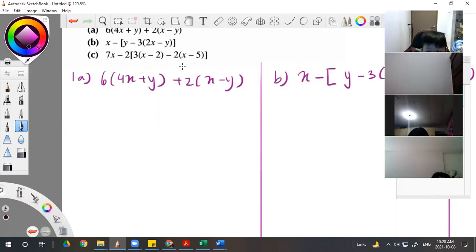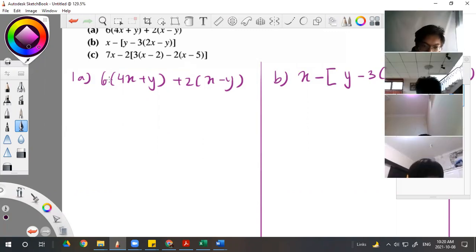Look at the rainbow. 6 times 4x berapa? 6 times 4 berapa, Nicholas? 24. 24. X-nya jangan lupa ya.